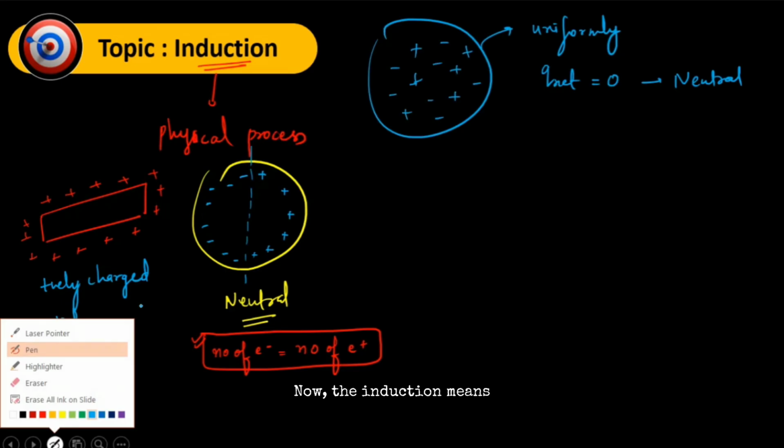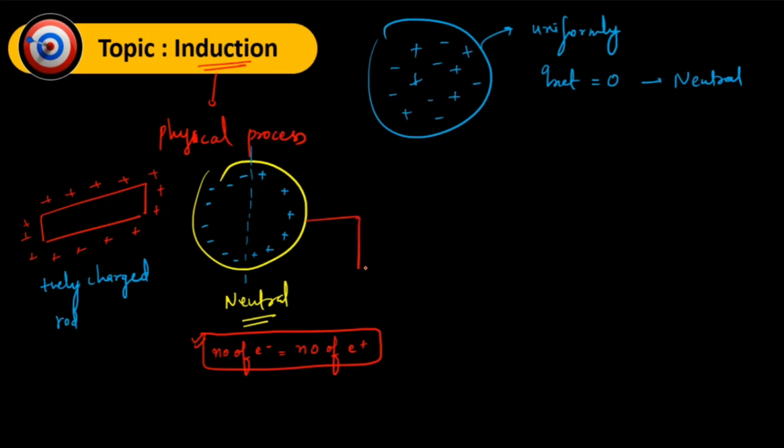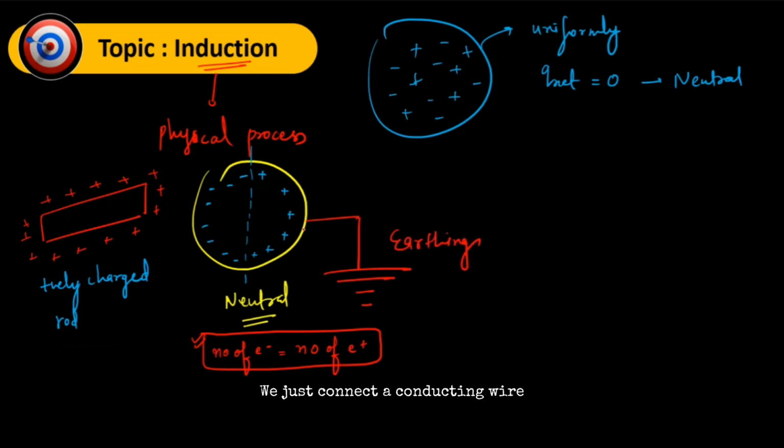Now induction means, again, here we are talking about how we can make a neutral body a charged one. So in induction, what we have to do is earth this particular side. In earthing, we connect a conducting wire and connect it to the earth.